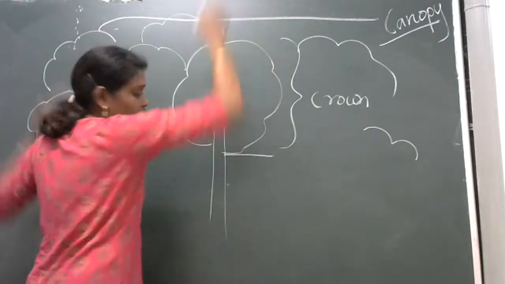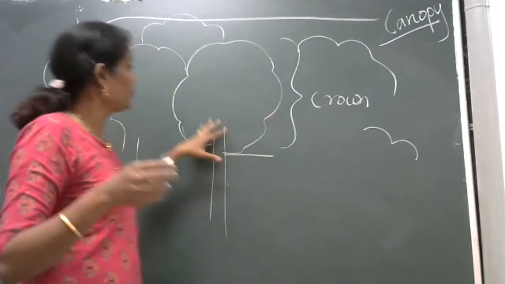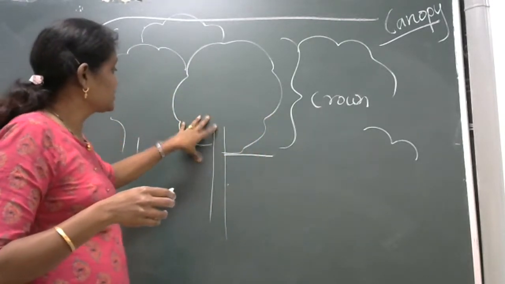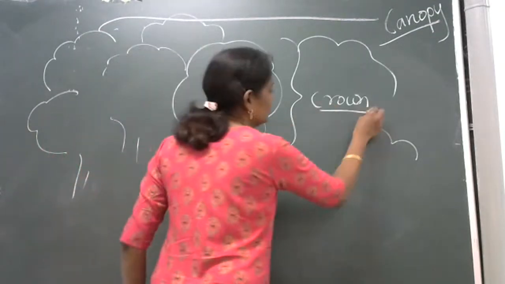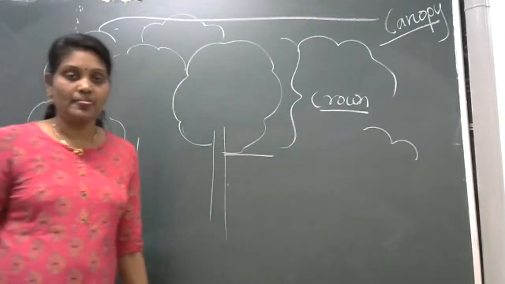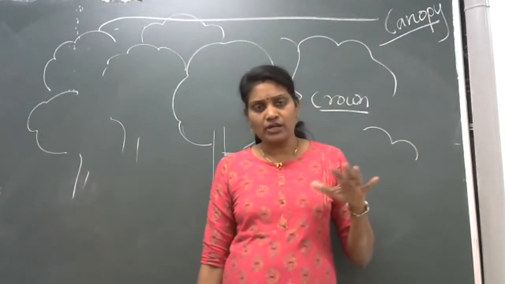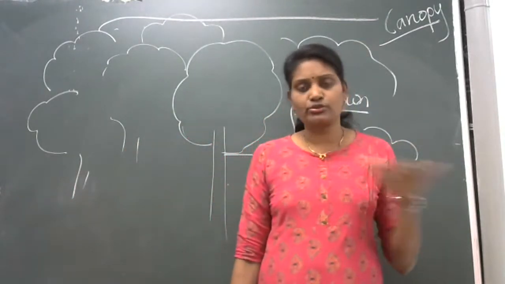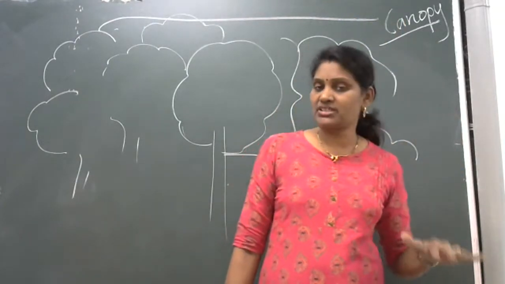The branches coming out from the trees, this green part, is called the crown. Now you can see that these crowns are also not all the same. Some are very big, some are medium, some are small.